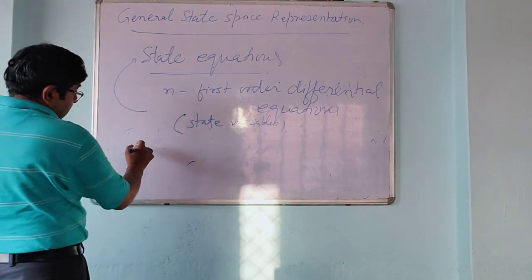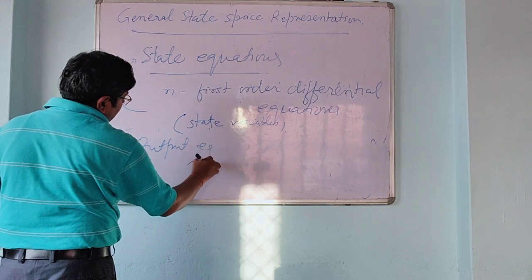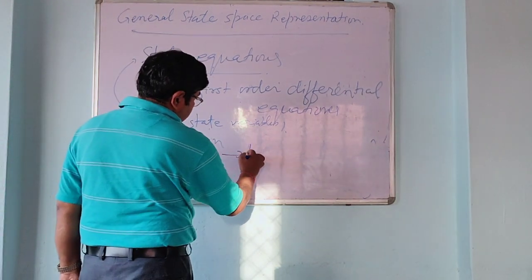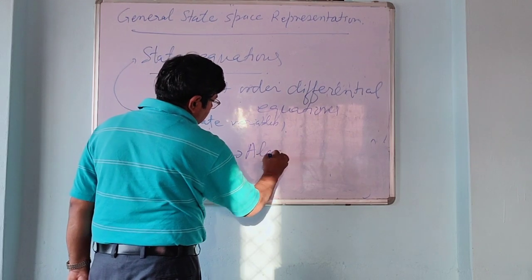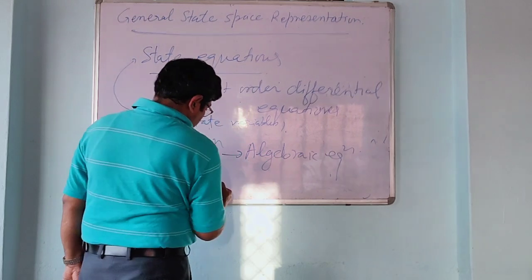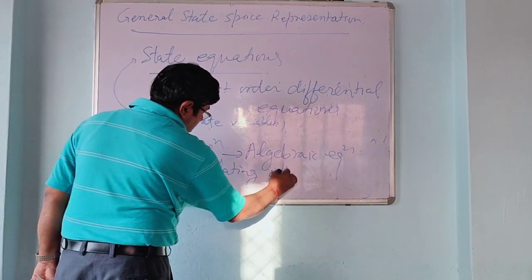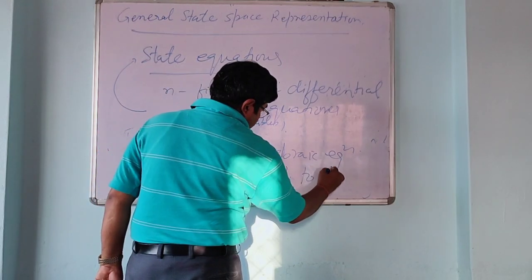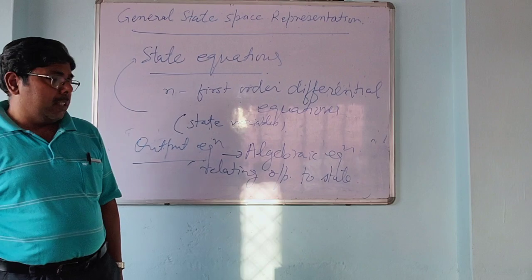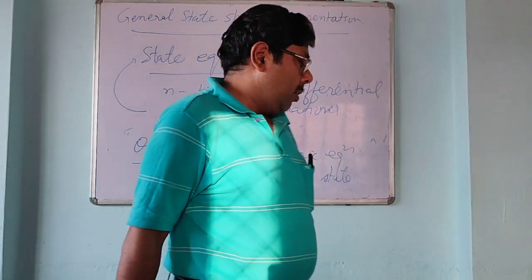And last one is the output equation. So this is algebraic equation relating output to state. So these are few definitions related to state space analysis.